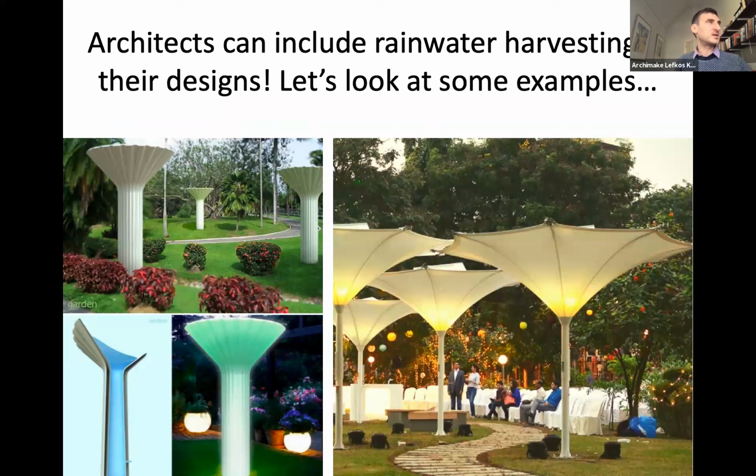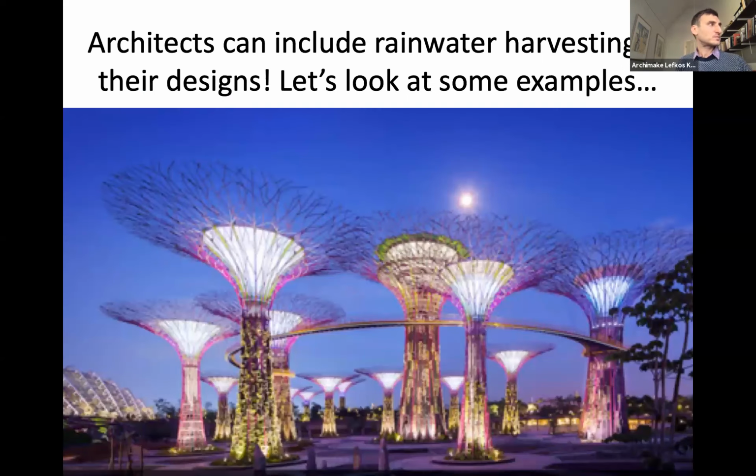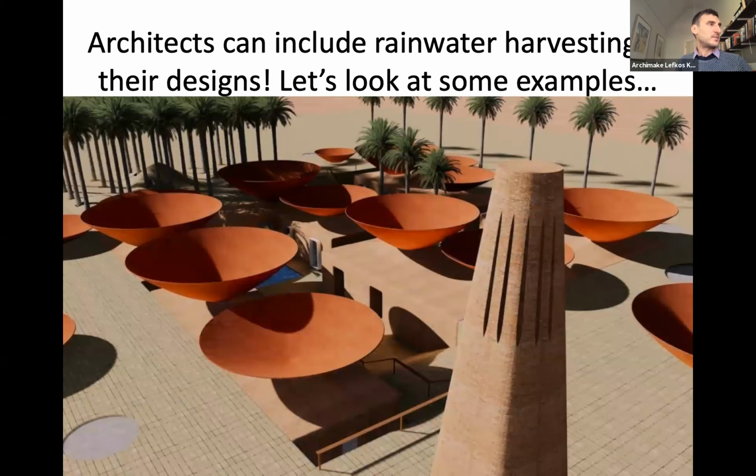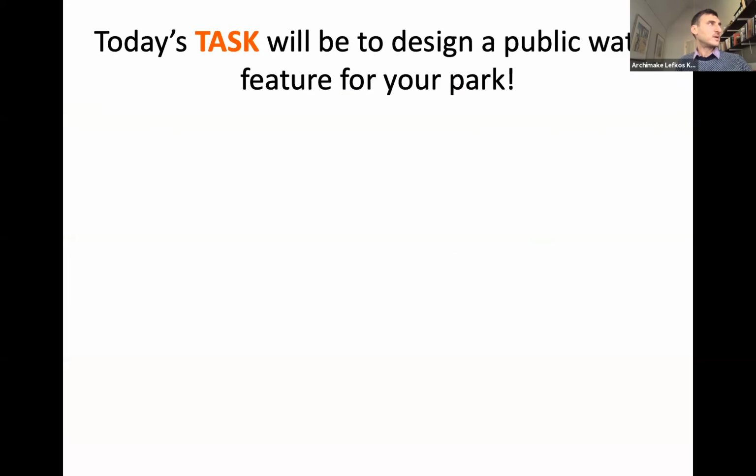And the architects can include rainwater harvesting in their designs, and here are some examples, some funky things like that inverted umbrella, like bowls, or that kind of language, that kind of form.